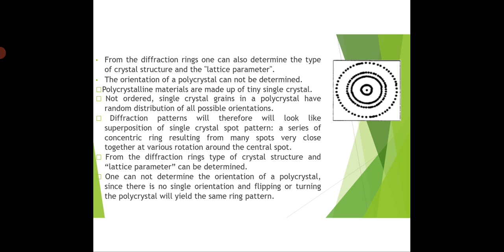From the diffraction rings, the type of crystal structure and lattice parameter can be determined. One cannot determine the orientation of a polycrystal, since there is no single orientation, and flipping or turning the polycrystal will yield the same ring pattern.